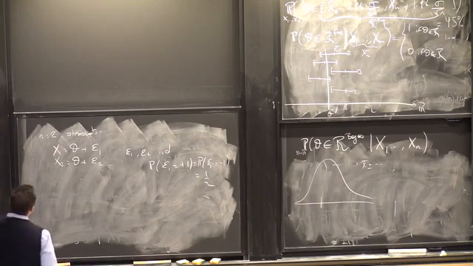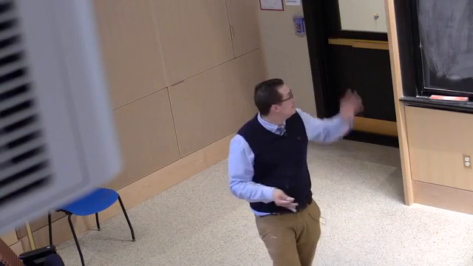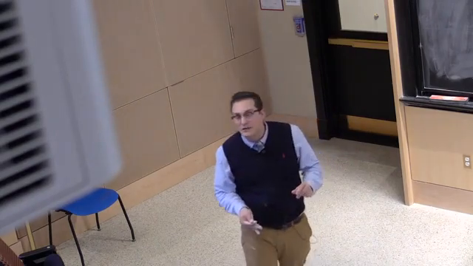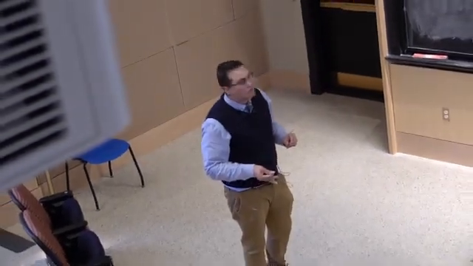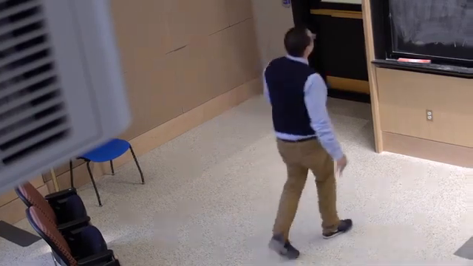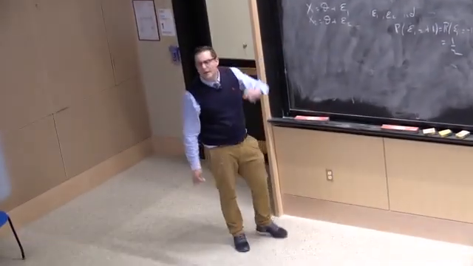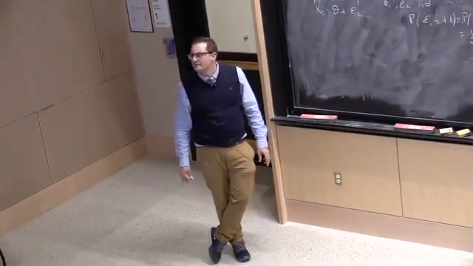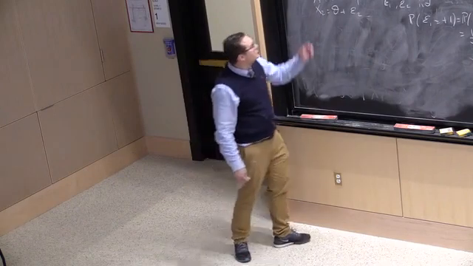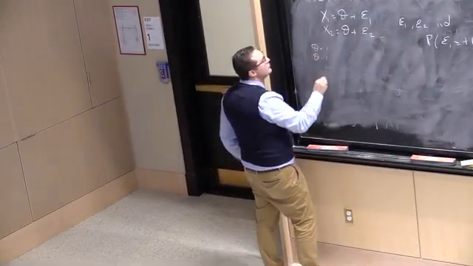Now, you're trying to do some inference on theta, based only on x1 and x2. Let's start thinking about how I would find an estimator. Well, what values am I going to be getting? I'm going to get either theta plus 1 or theta minus 1.